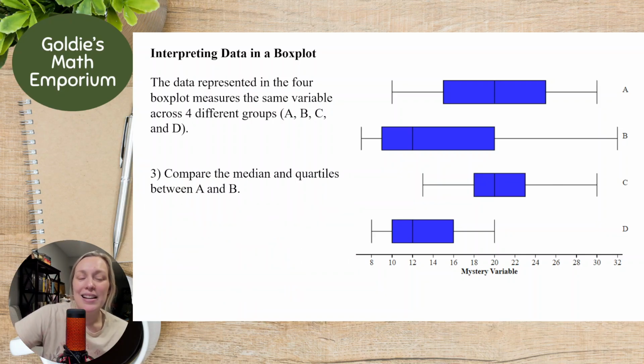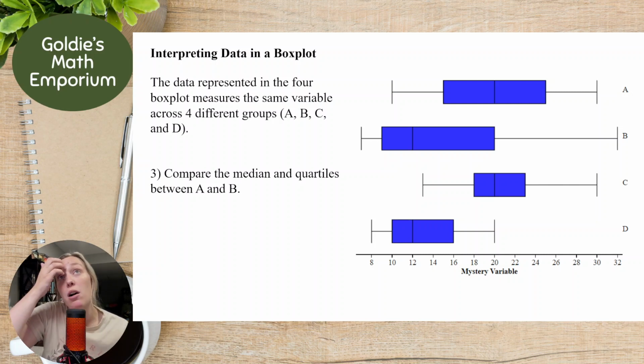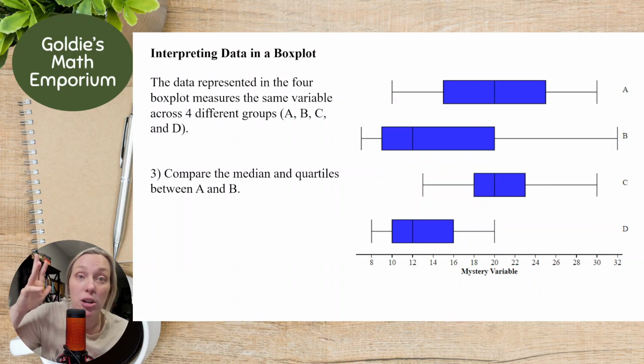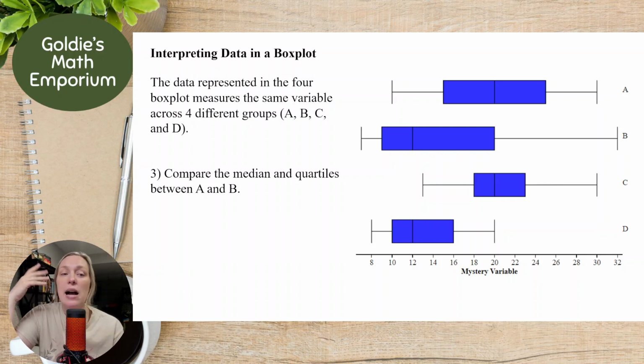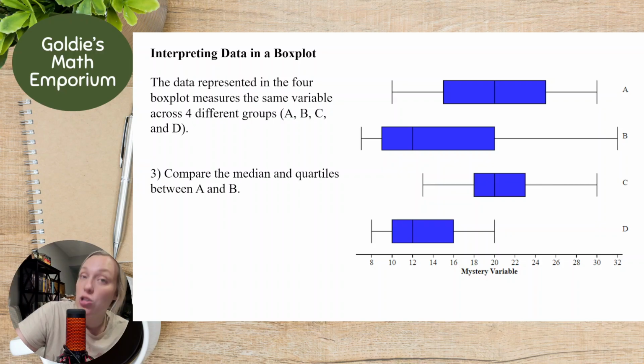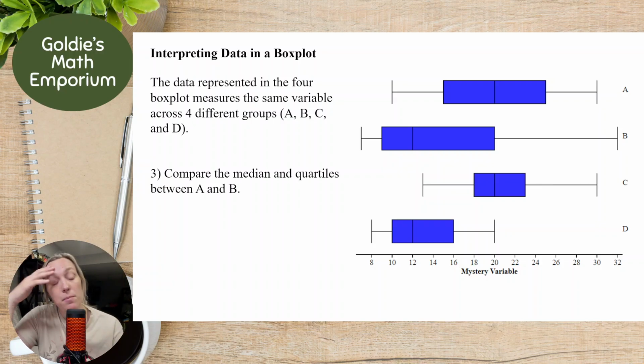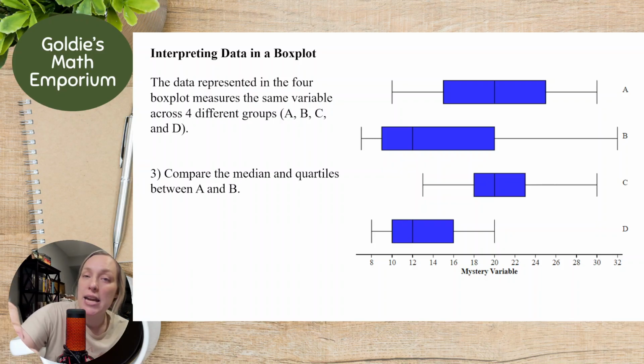So those are straightforward questions of just looking at what values we can determine from the box plots. Now, some other things you might be asked to write a description sometimes. Like, for example, number 3, compare the median and the quartiles between A and B. So if we have A and B, we want to compare the quartiles between them.